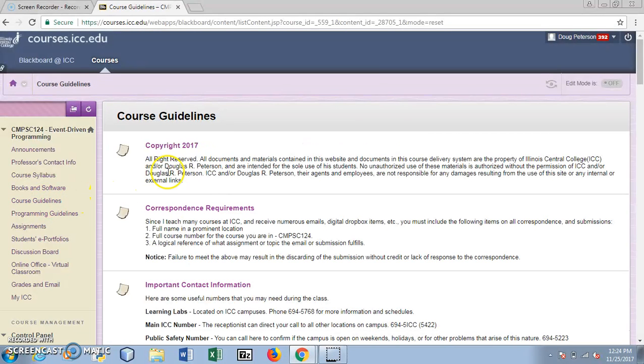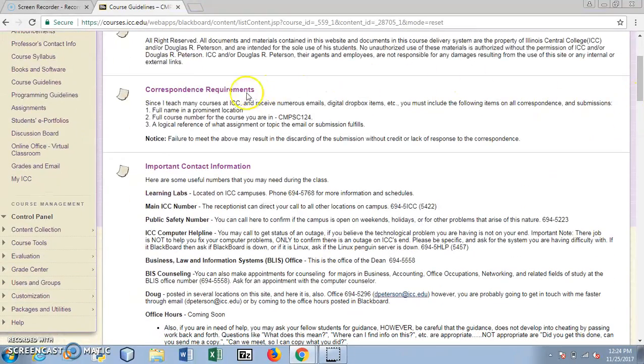Course guidelines. The information presented here belongs to me and ICC. So if you want to reproduce it, you need to get a hold of me. Correspondence requirements. I can have upwards of 100 students a semester. So if you send me an email, you have to tell me who you are and what class you're in.